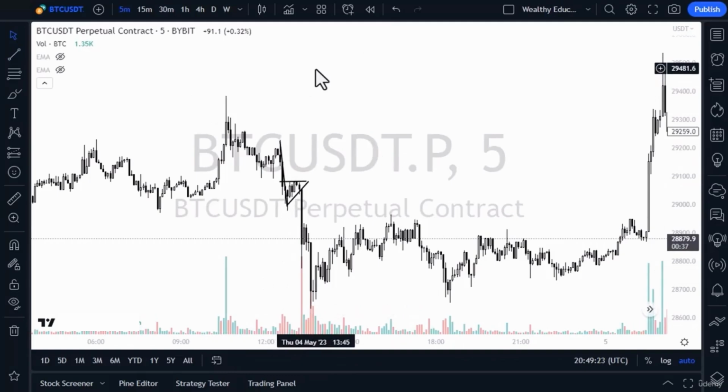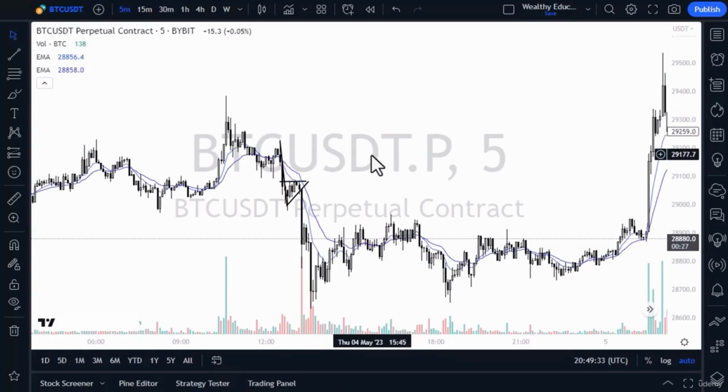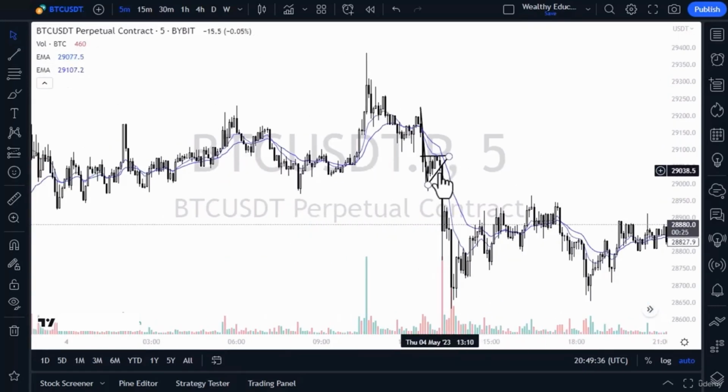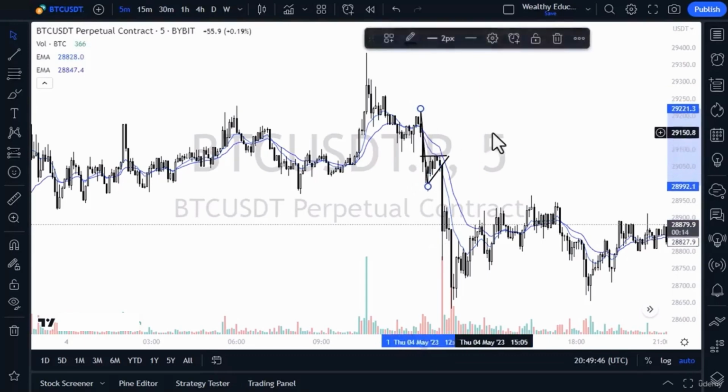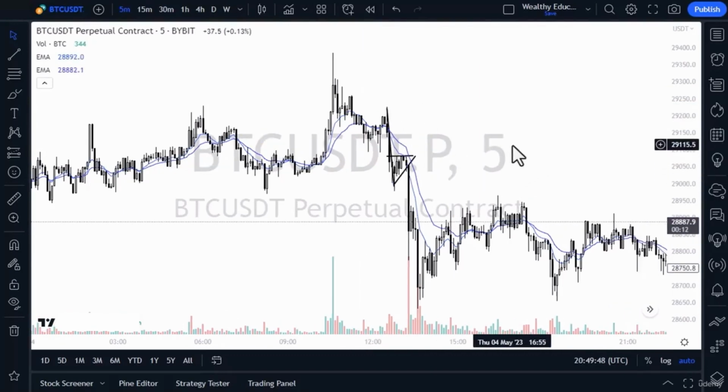So the question then becomes, if you have this setup, what else talks you through it? Well, you can look at moving averages, and you can see that the moving averages have spread quite nicely. And when we broke through there, they still were. And you hit the target on this short position within 5 minutes. Stop loss up here. You go ahead and get rid of that one.